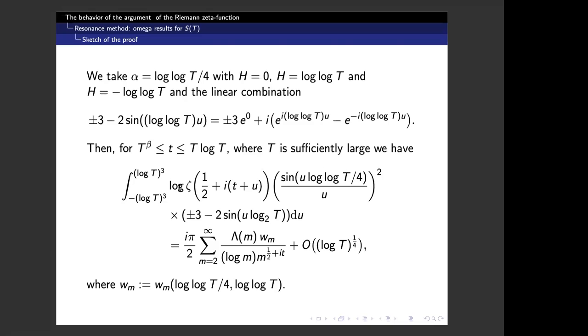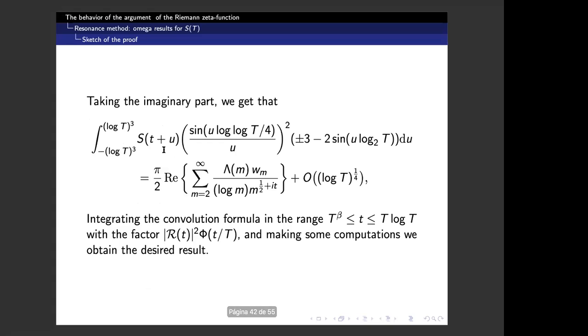Well, here is the logarithm of zeta. You take the imaginary part, and if you take the imaginary part, you obtain S here. So you obtain this part. The imaginary part of the logarithm of zeta is S(t) plus 1. You have this part.